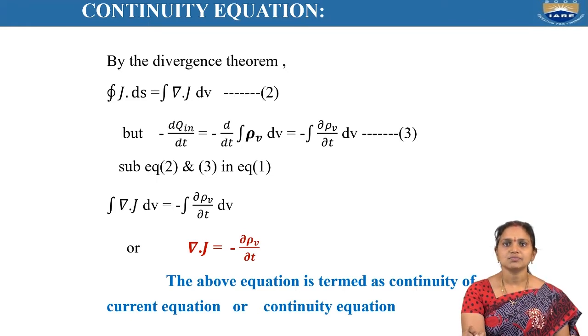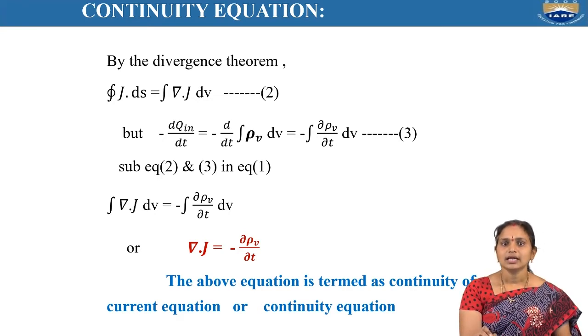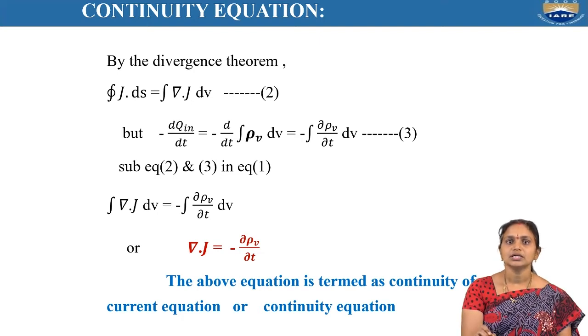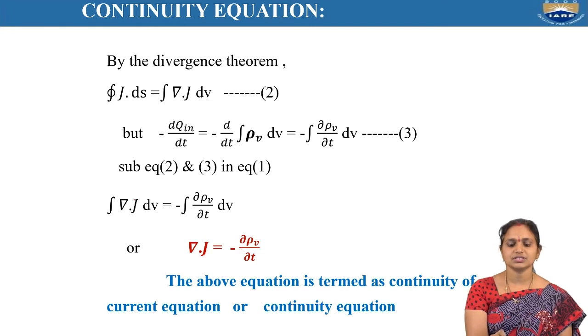Now we substitute integral J dot dS and minus d by dt of Q in into the original equation, that means the statement of the continuity equation. By substituting both, we get integral del dot J dv equal to minus integral dou rho v by dou t dv.